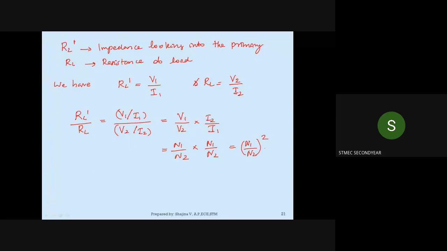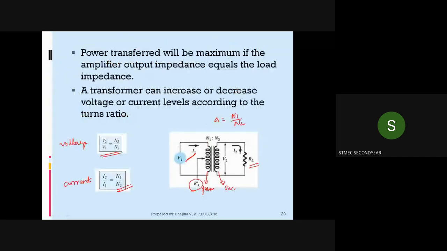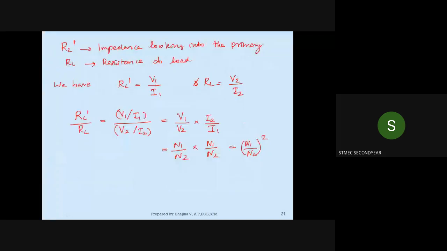This N1 by N2 is termed the turns ratio, A. That is, RL dash divided by RL is equal to A square, where A is equal to N1 by N2, called the turns ratio of the transformer.